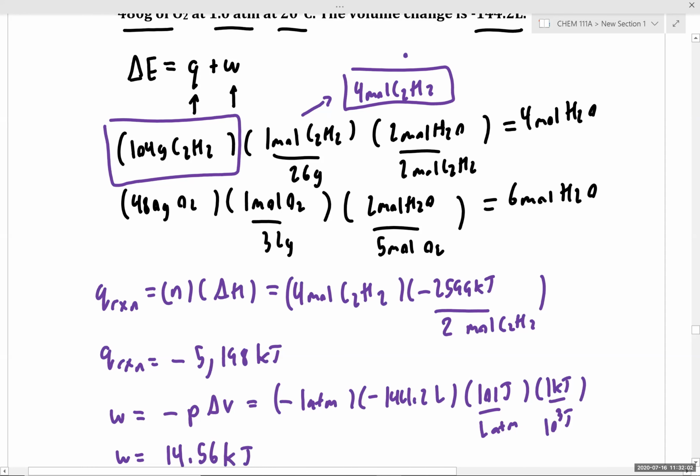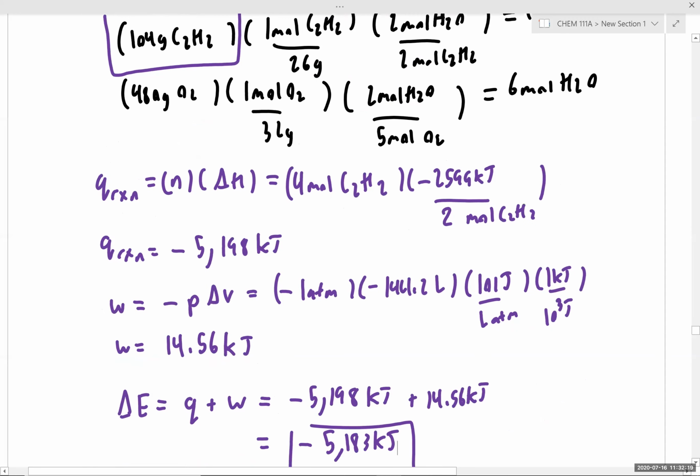So if you plugged in the moles of oxygen unmodified, the answer wouldn't be correct. But if you plugged in the moles of acetylene or any of the products, your answer would be fine. Does that make sense? Okay, cool. Thank you.